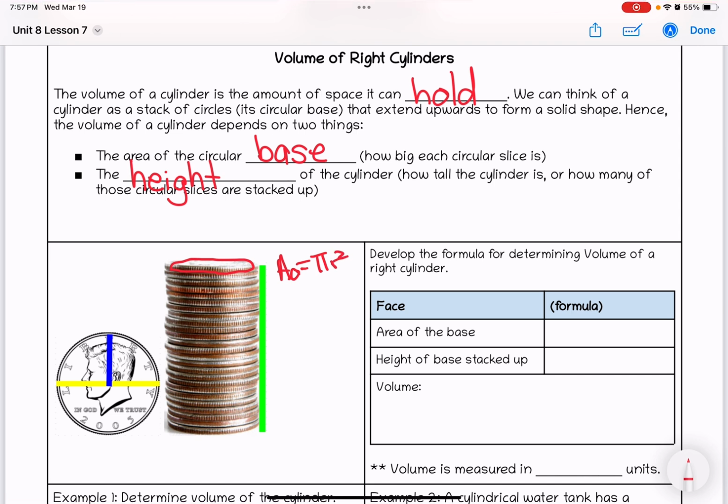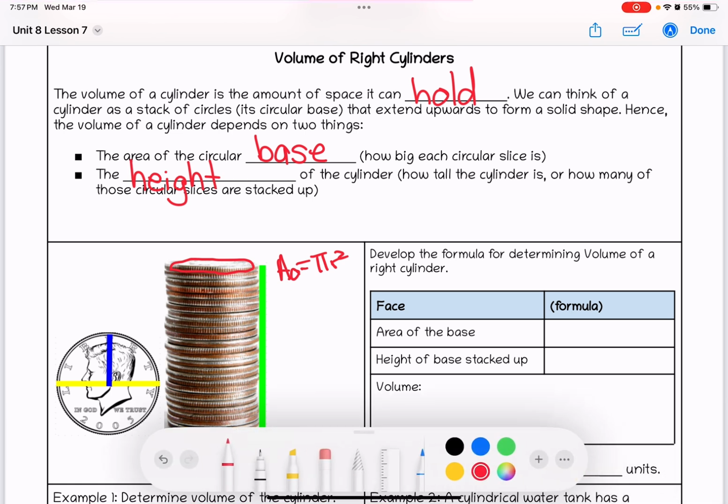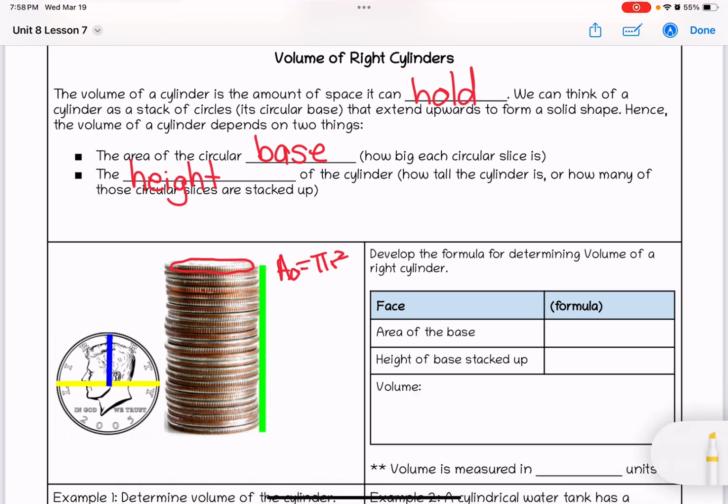But we don't want to know just this circle. We want to know also how tall it is. So we have this little green piece right here.